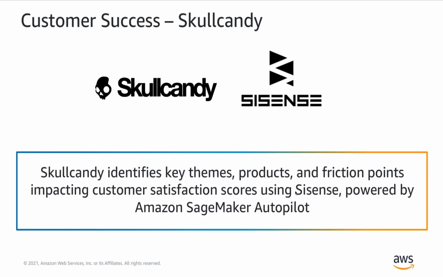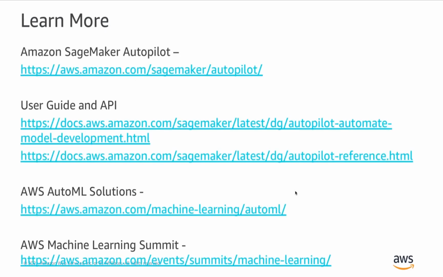So with some of these stories, you get to see a range of industries and a range of use cases as to how some of the customers are using Autopilot. I will leave you with some more resources here.